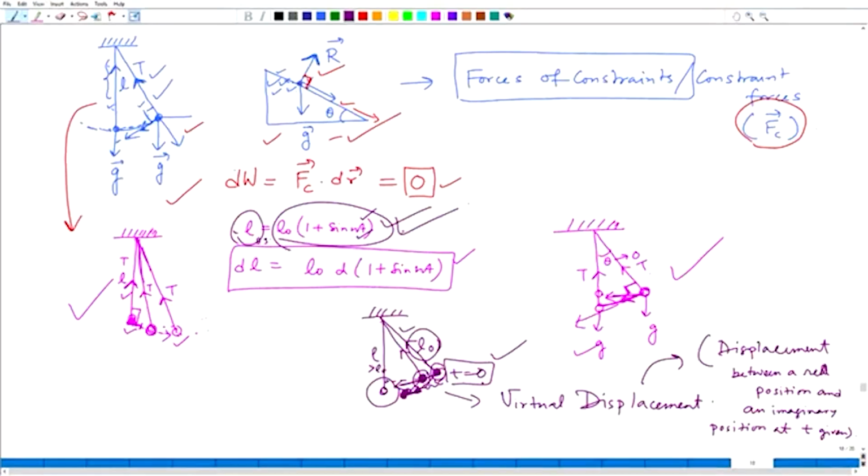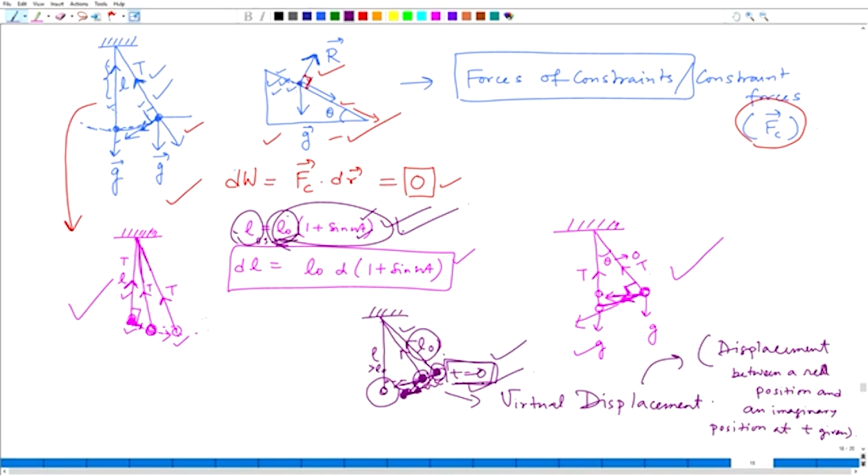Now, the last point, which is very important, is: can I imagine any displacement? No. The virtual displacement is virtual, but it should always be consistent with the constraint. That means I can take, at t equal to 0, another point on the circle of radius L0, but I cannot take any other point at t equal to 0 on the arc of any other circle which has a value L0 by 2, for example.